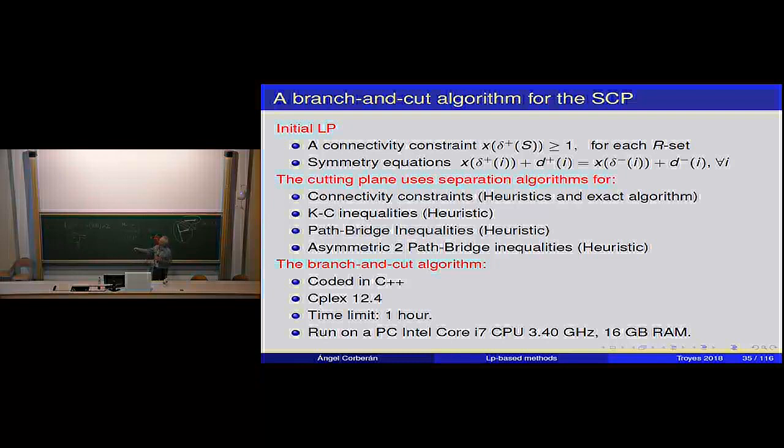With all this knowledge of the polyhedron, we implemented a branch and cut algorithm using this version of Cplex, with a limit of 1 hour, on this kind of machine.